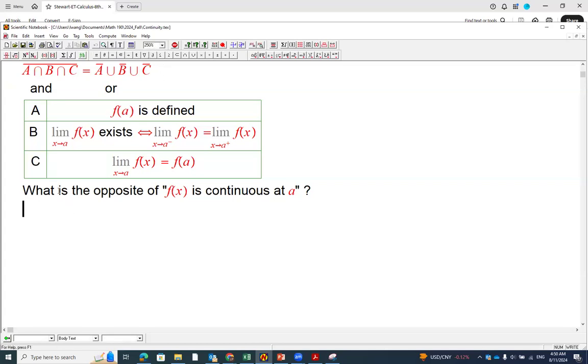All right, so with that consideration, we have not A. What is not A? Well, f of A is not defined. The opposite of f is continuous at A. The first case, case number one, is that f of A is not defined.